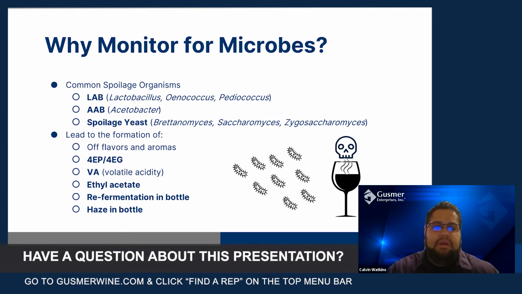Ethyl acetate, and I equate that to nail polish remover myself. So all those different off flavors can contribute to a stinky wine, and there I have the little skull above the wine fumes there. So it's not pleasant. Spoilage organisms can also result in re-fermentation in bottle and haze in bottle.